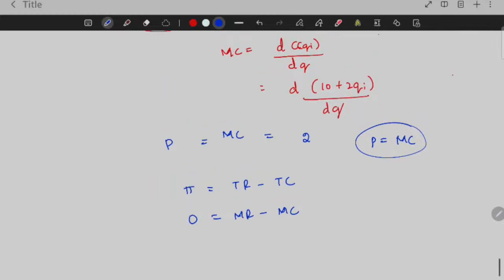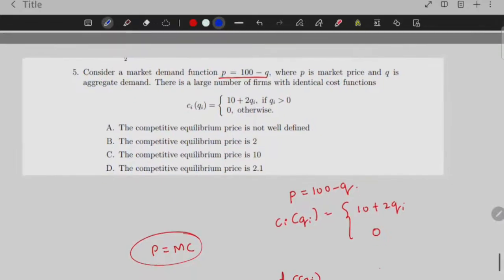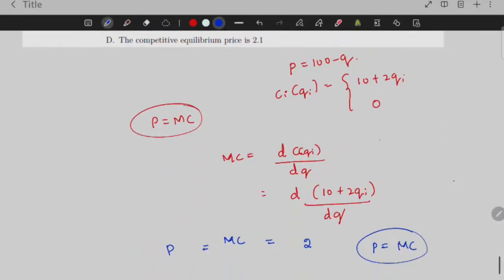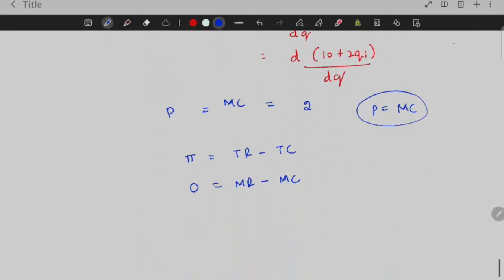Revenue is P into Q. What is the PQ? Price is 100 minus Q, so PQ is 100Q minus Q squared. Marginal revenue will be 100 minus 2Q.